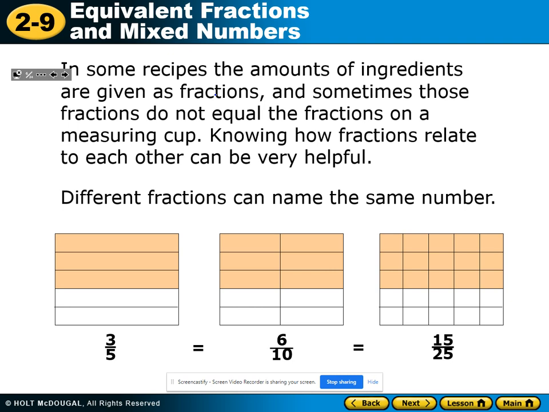It's just I chose to break this candy bar, one right here, into 3 pieces, or 5 pieces, and I gave you 3. This candy bar I chose to break into 10 pieces. I gave you 6. And this candy bar I chose to break into 15 or 25 pieces, and I gave you 15 of them. You got the same size piece, or the same amount, but you just got them in different sizes, okay?